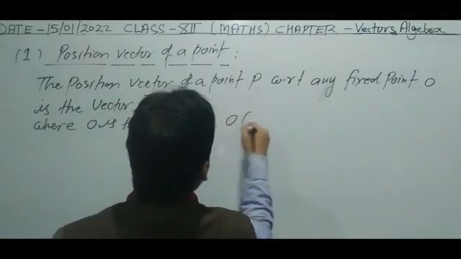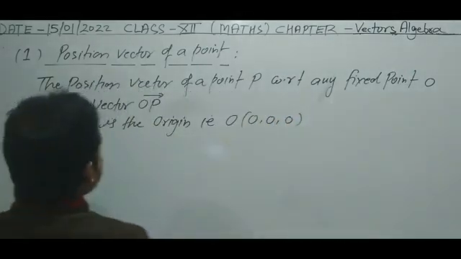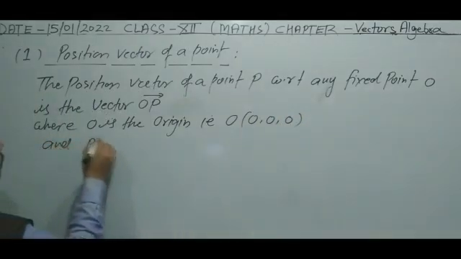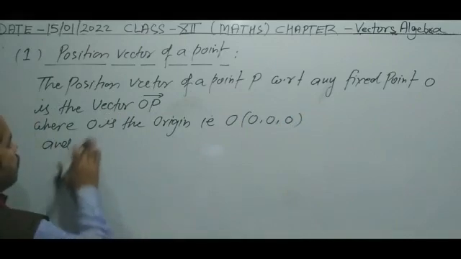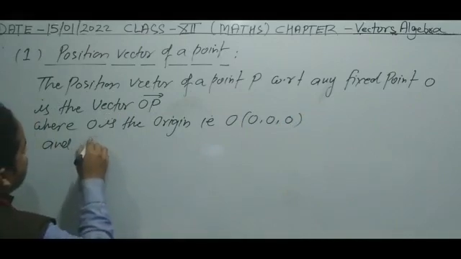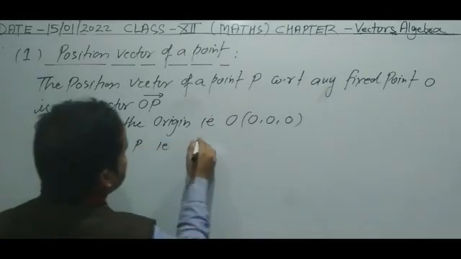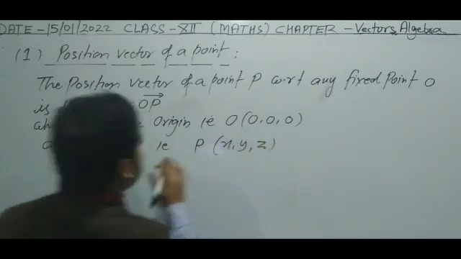O coordinate is 0, 0, 0, and P coordinate is x, y, z.